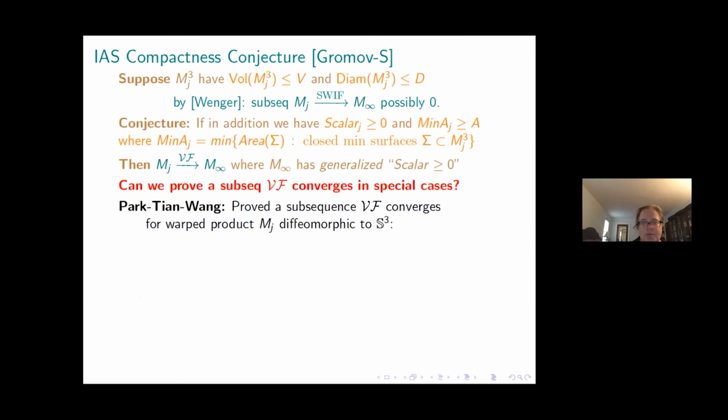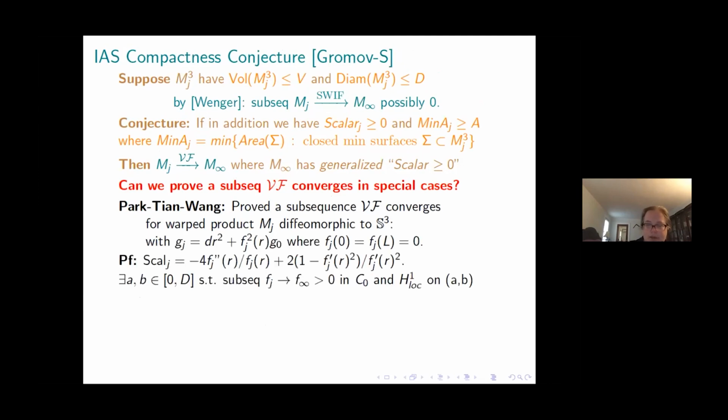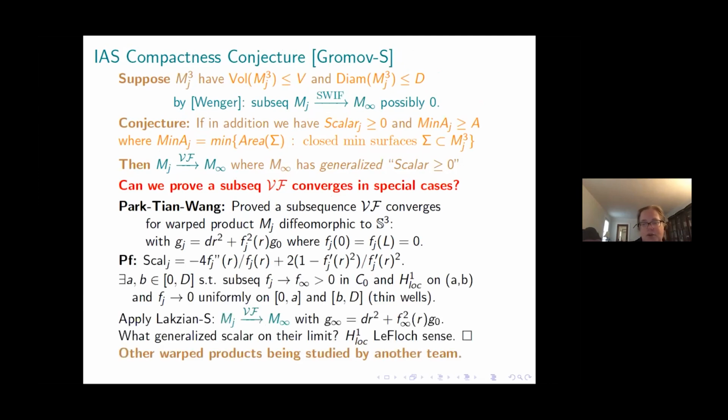And then there was one I mentioned before, that Portegies and Wang actually proved the compactness theorem for this very special case where they had assumed they were warped products.